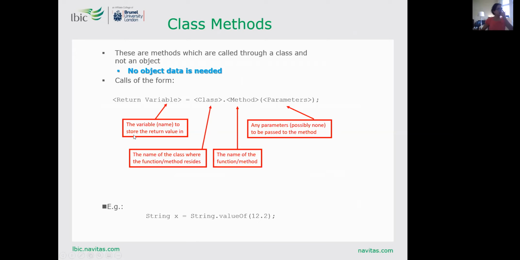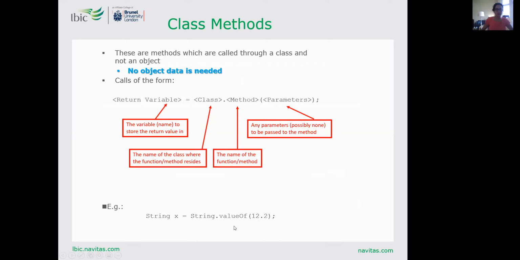You can see the variable to store the return value is here. As you saw in the previous example, you can look at the previous slide to see what we did. Then you have a class name here, and you call the method by putting dot method. And if your method includes any parameters or arguments, then you need to provide the name and the type of the parameter here.